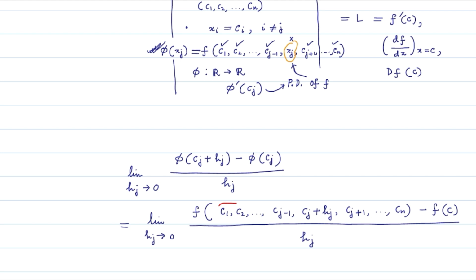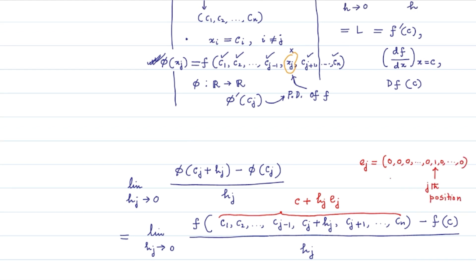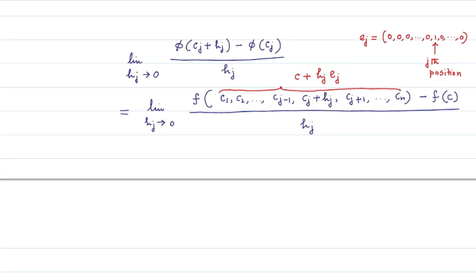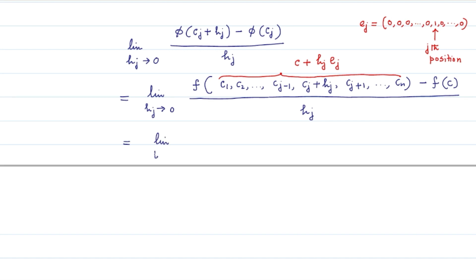Note that the entire expression of coordinates inside this function f can be written in vector form as c + hj ej, where ej is the jth unit vector in the standard basis of Rn. That is, ej has n components, all zeros except 1 at the jth position. Hence, in turn, this limit can be expressed as the limit as t tends to 0 of (f(c + t ej) - f(c))/t.